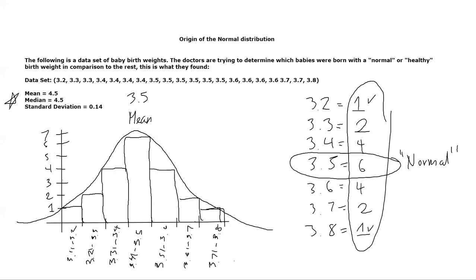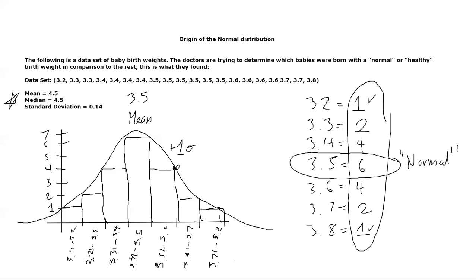Then what that means is that each section below it is one standard deviation away, which means that if the center is 3.5, then this next point is plus 1 standard deviation. What that means is if the standard deviation is 0.14, that's the difference within the groups.